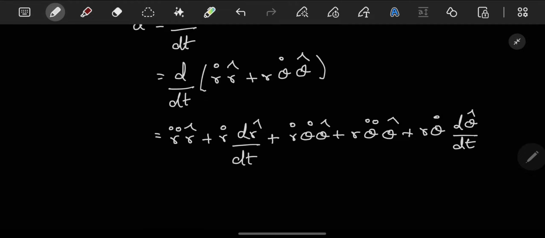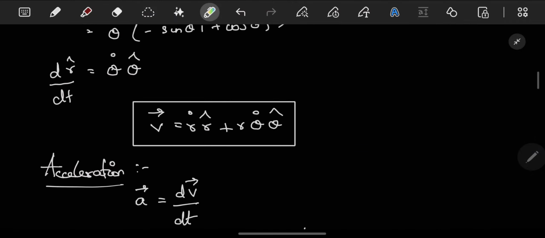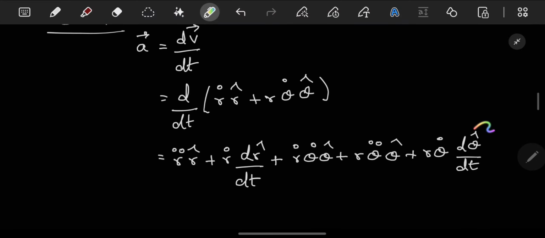In this equation, we know that the value of dr cap by dt is nothing but theta dot theta cap, but we don't know the value of d theta cap divided by dt.